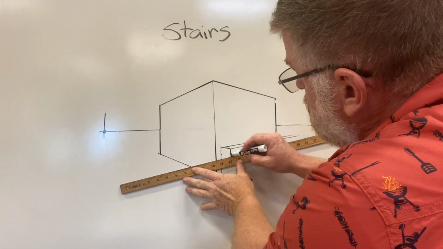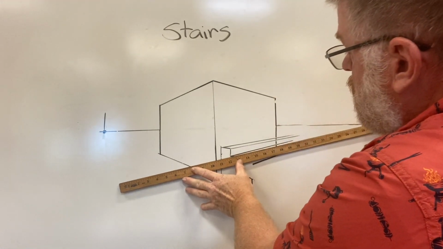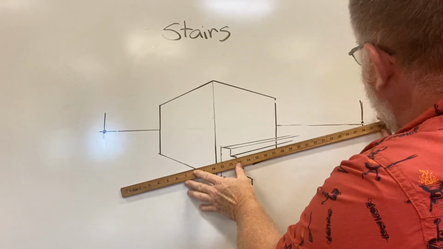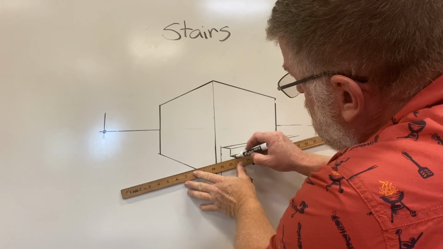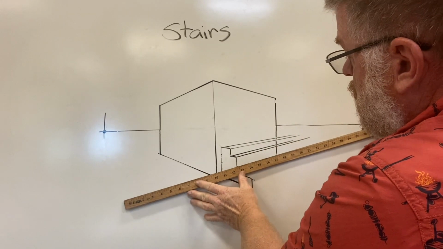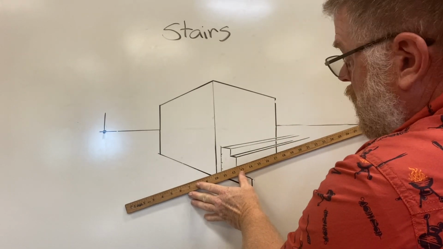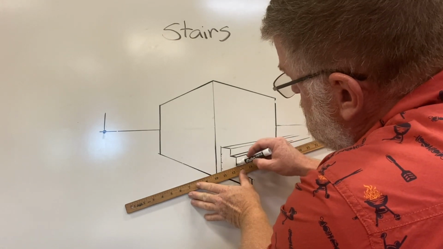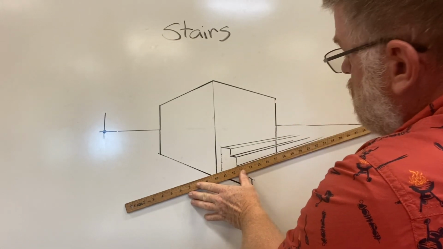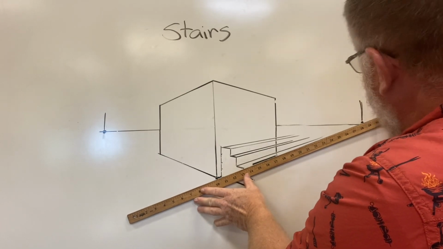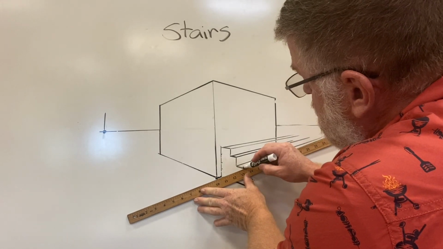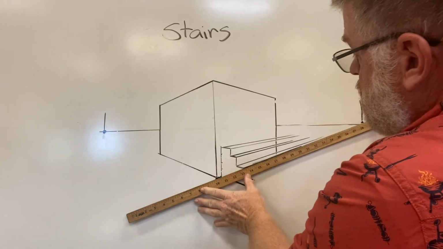Also, something you're going to notice is that the farther it is away from the vanishing point or eye level, the more of the top of the step you're going to be able to see.